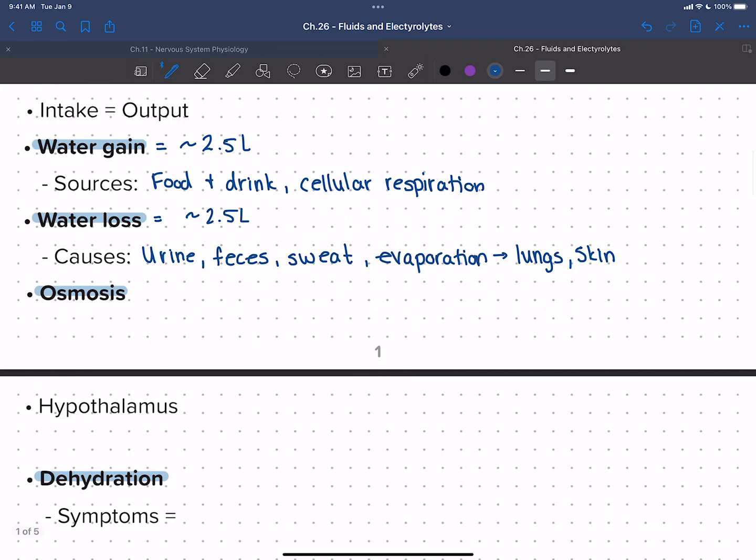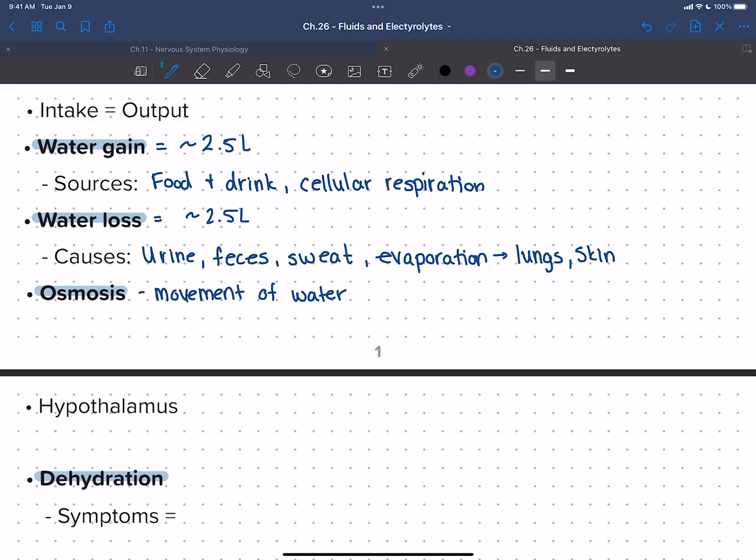Okay, and obviously if we are talking about water, we need to review a little bit about osmosis that you learned early on in your anatomy and physiology education. So osmosis, remember, is the movement of water, right? So the movement of water between those fluid compartments that we talked about. Right, so water can move from intracellular to extracellular fluid or vice versa, and it always will move towards wherever there are more solutes.